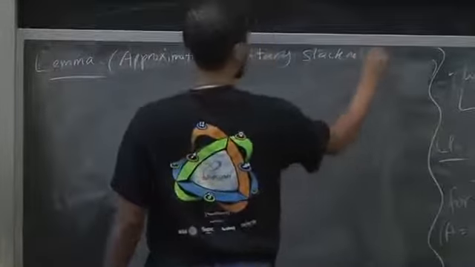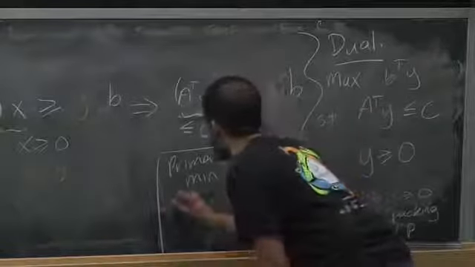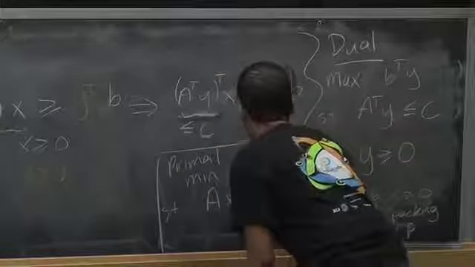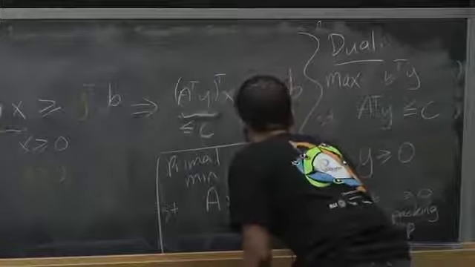Which says, so remember what primals and duals look like. I guess I erased the primal, so let me write the primal here. The primal says minimize C transpose X subject to AX is at least B and X is at least 0.